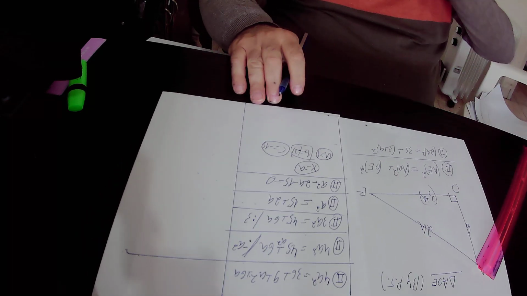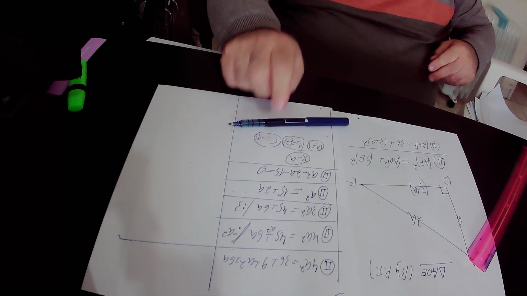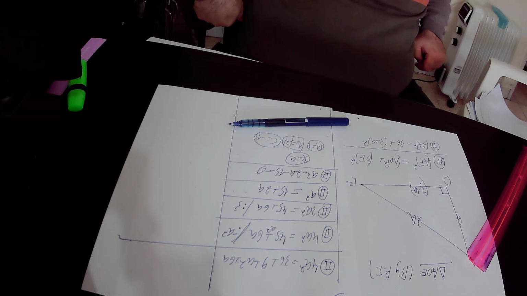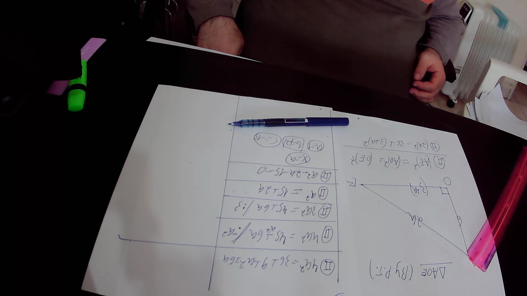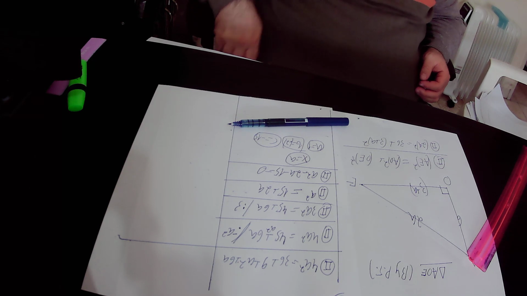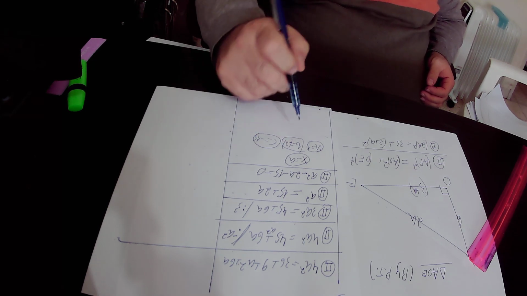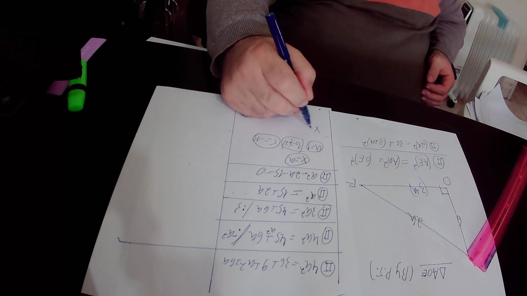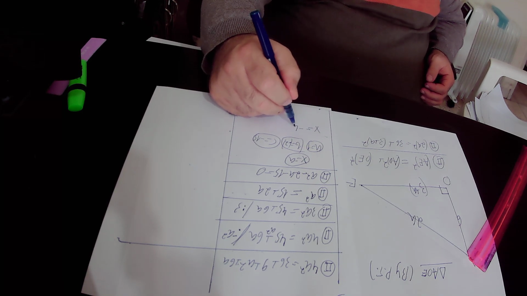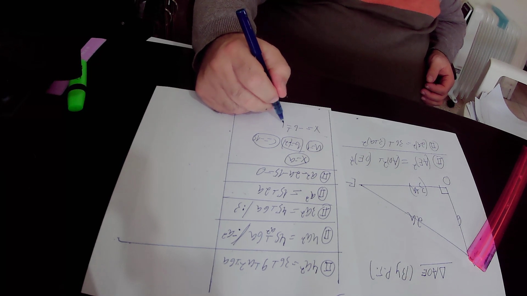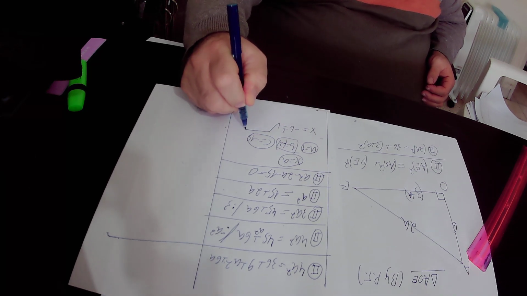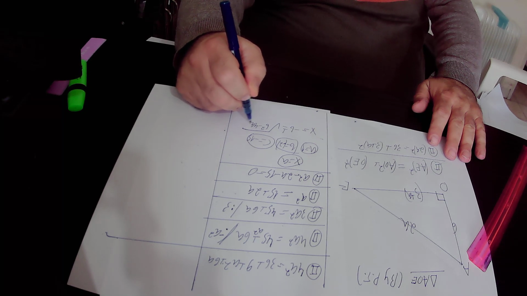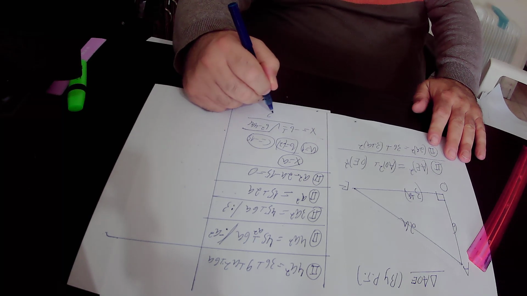We put the data here. Actually, the general formula for solving a quadratic equation is x equals minus b plus minus square root of b squared minus 4 times a times c, over 2a.